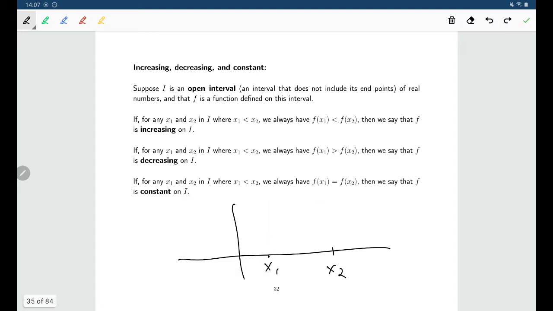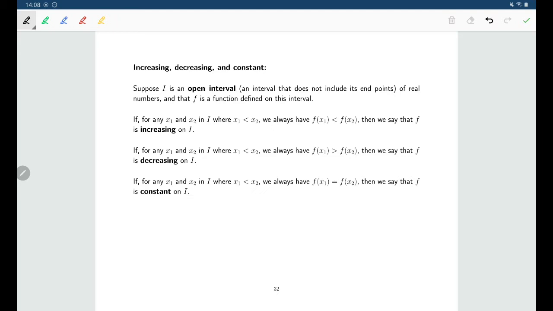And the opposite would be true if you're looking at a decreasing function. If you're looking at a decreasing function, the y value for the first point should be greater than the y value for the second point. That would be something that's decreasing. And then, of course, the third option would be if they both have the same y values, then we're talking really about a function that is constant, that it's just a horizontal part.